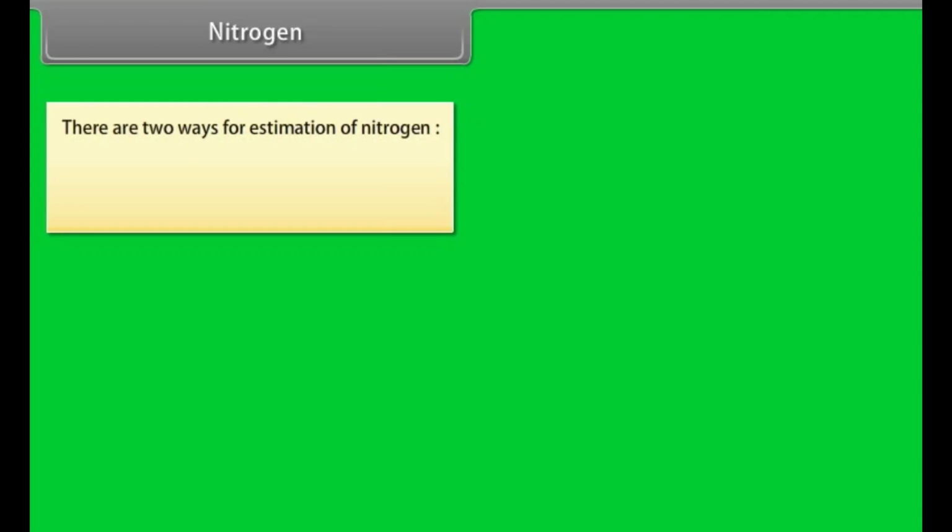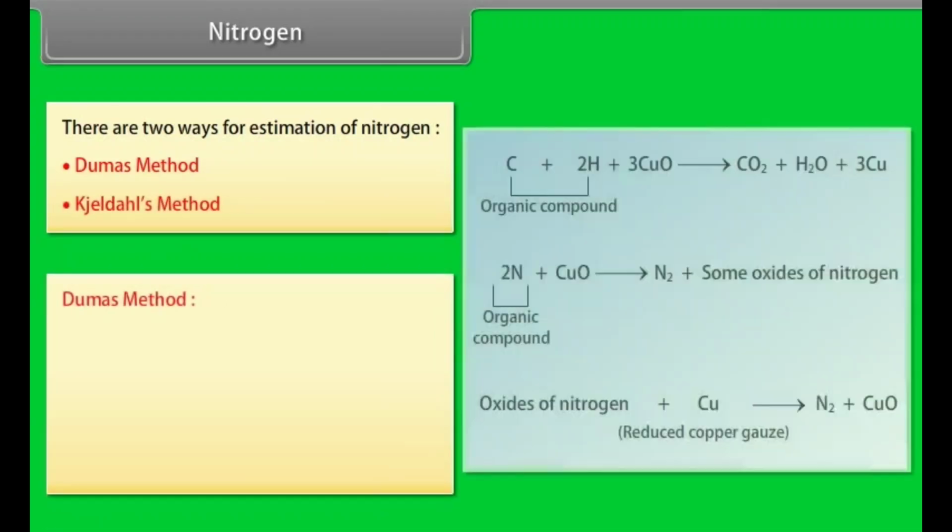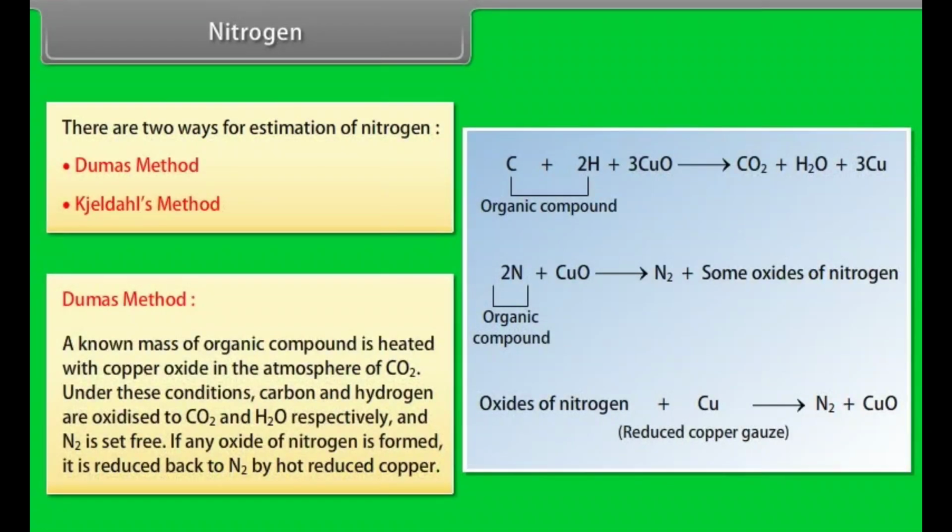Nitrogen. There are two ways for estimation of nitrogen: Dumas method and Kjeldahl's method. Dumas method. A known mass of organic compound is heated with copper oxide in the atmosphere of carbon dioxide. Under these conditions, carbon and hydrogen are oxidized to carbon dioxide and water respectively, and nitrogen is set free.